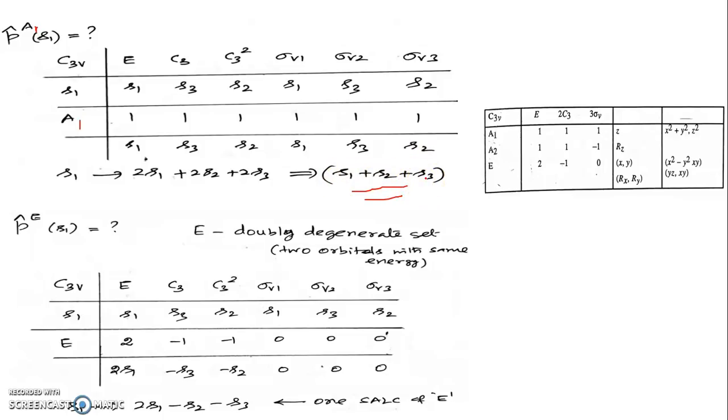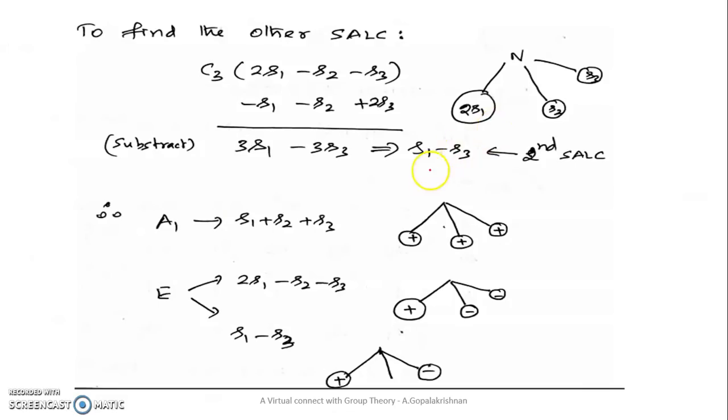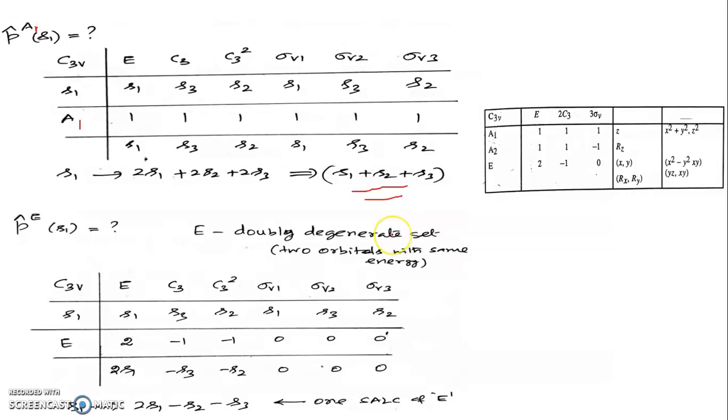See, I'll show you. For A1 representation, we get the SALC as S1 plus S2 plus S3. So all are having positive sign. This is one group orbital. Are you clear?